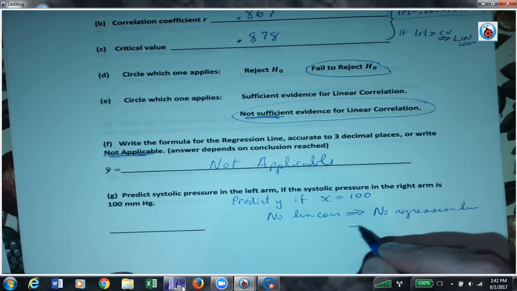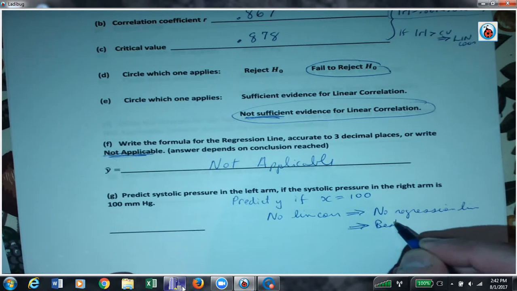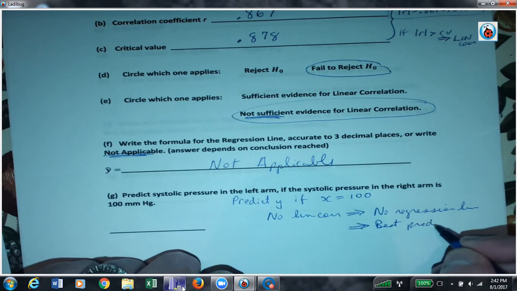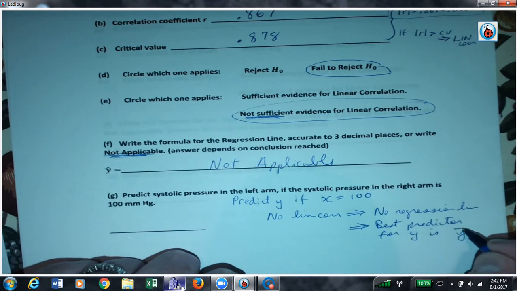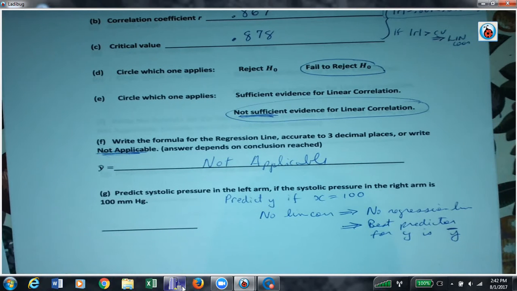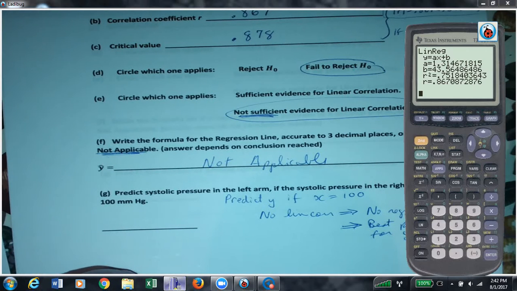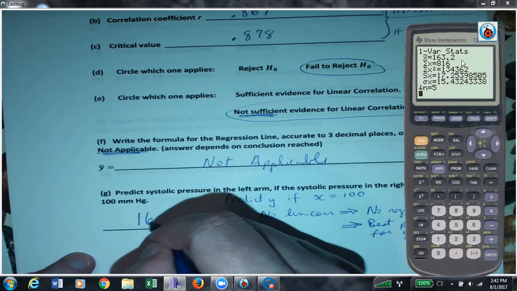If there's no regression line, that means that the best predictor for Y is the mean value or the average Y. Now remember, Y was list 2. So I'm going to go back and go to Calc, and use 1-Var Stats, and I'm going to ask for list 2, and the average value, the mean for list 2 for my Y values is 163.2.